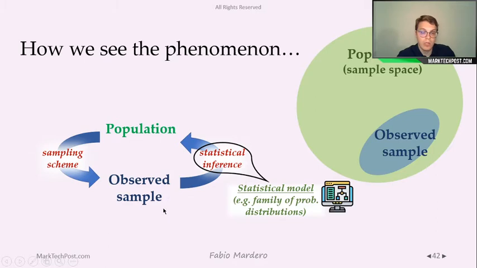And our goal is to use statistical inference to explain the phenomenon in the most general way possible, which is by finding some rules that are true for each element of the sample space, or maybe the population. How do we do statistical inference? Well, we will use a machine learning model, a particular type of statistical model.